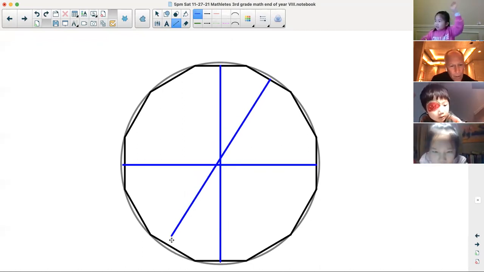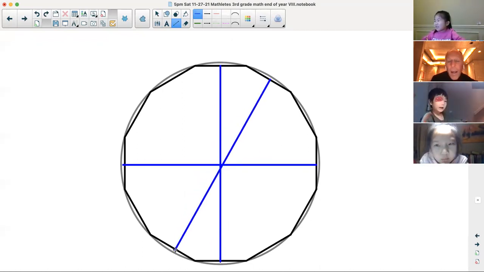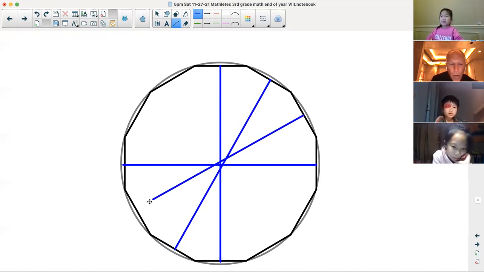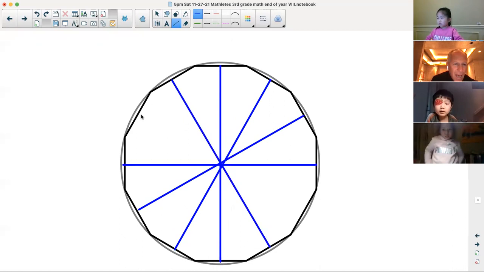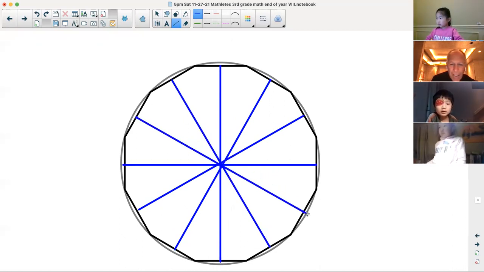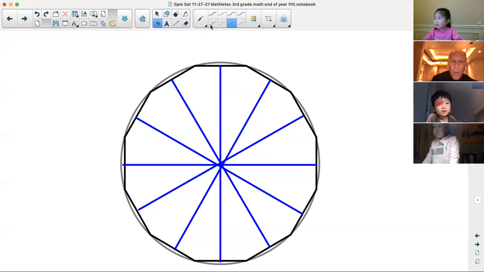Go ahead, Eleanor. Yes, a dodecahedron has 12 sides. And do means 2, and deca means 10. When we add 10 to 2, we get exactly 12. So what is the circle for?